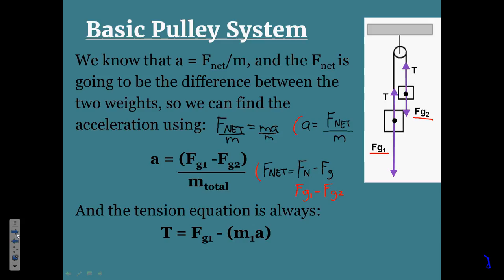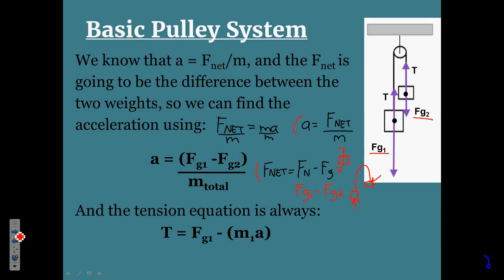The only difference is instead of a box, here we have the pulley system. Okay, this right here was just the box. Now we've got the pulley system. So these guys are going to create a net force with one another. So all we do is we plug in.